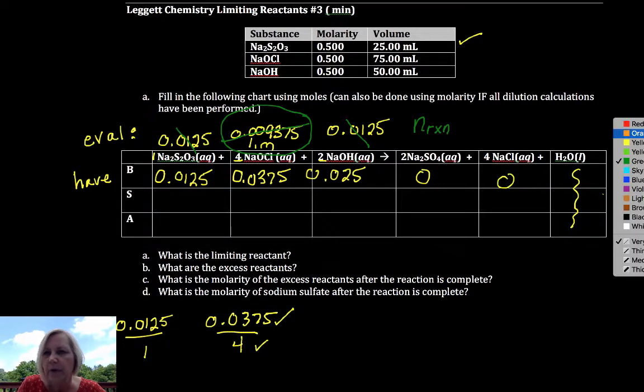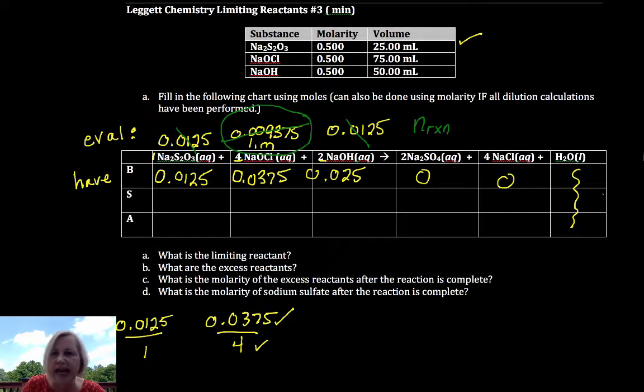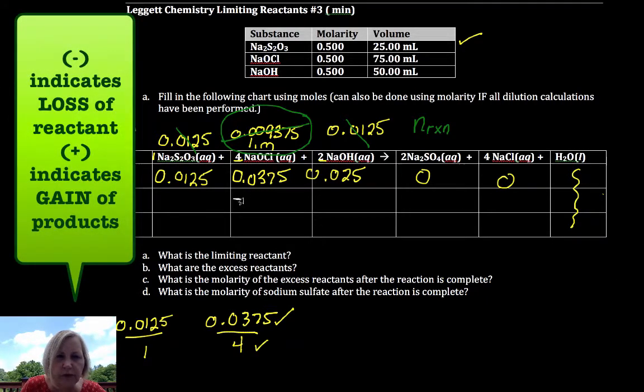So we now know what our limiting is. A reaction proceeds 100% to product until our limiting runs out. So we're going to lose all of that limiting. So we know our first answer here: what is the limiting reactant? We know our second, what are our excess, our NaOH and our Na2S2O3 are our excess reagents.